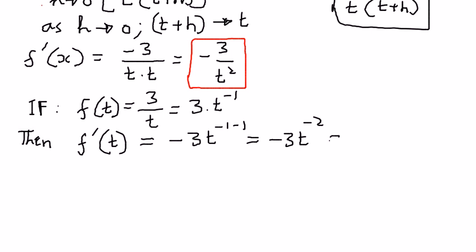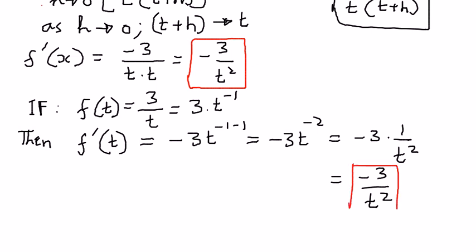I can still simplify this one as negative 3 times 1 over t to the power of 2. I can express t to the power of negative 2 as a positive exponent by bringing it to the denominator, and therefore this is what we have: negative 3 divided by t to the power of 2. And this is what we have when we did the derivative of this particular function using limits.